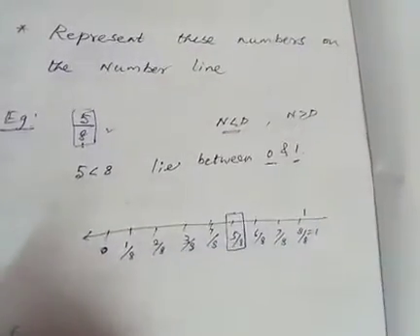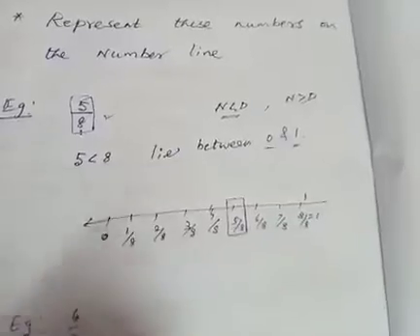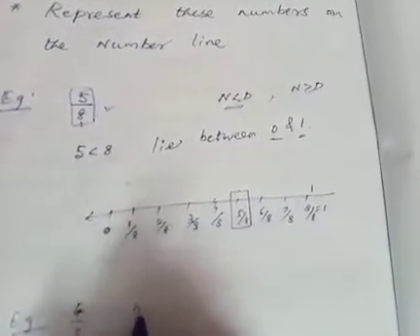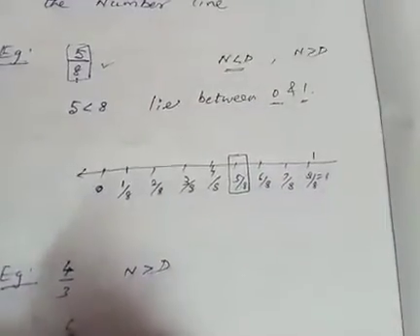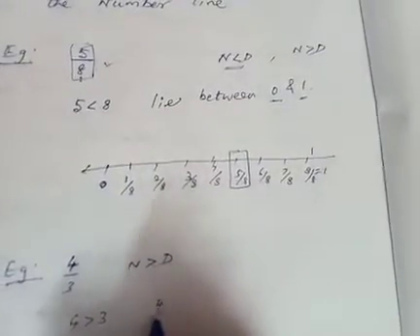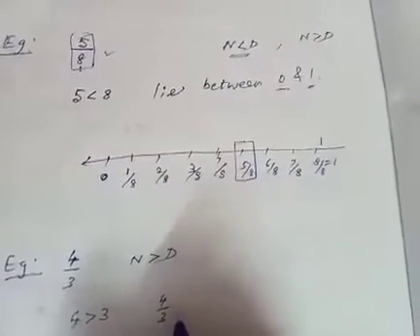Then another example, 4 divided by 3. This is the other category: the numerator is greater than the denominator. 4 is greater than 3. So 4 by 3 is an improper fraction.